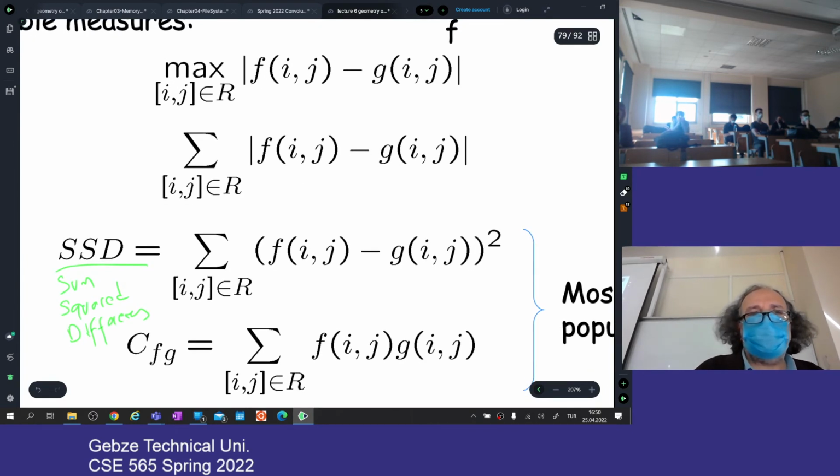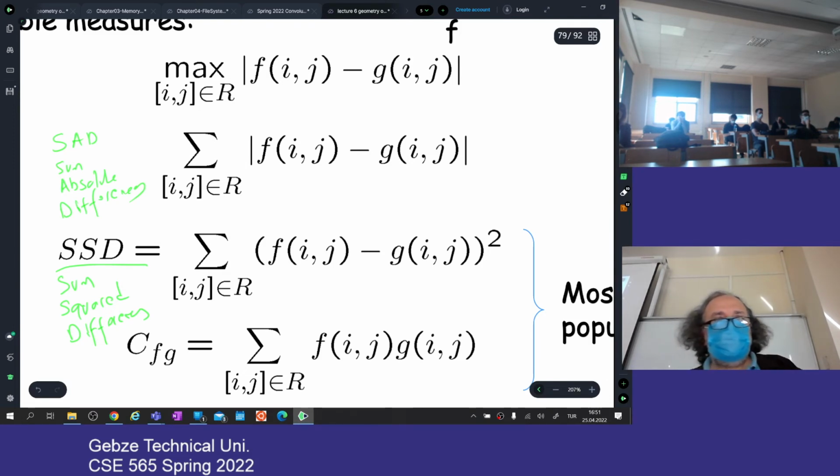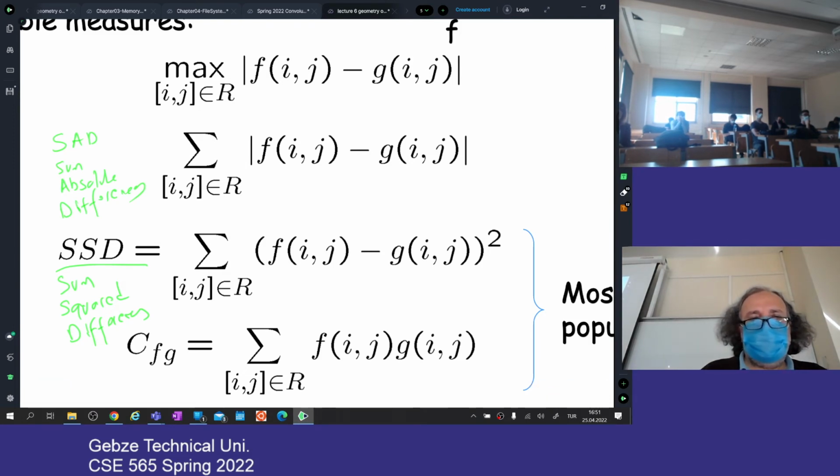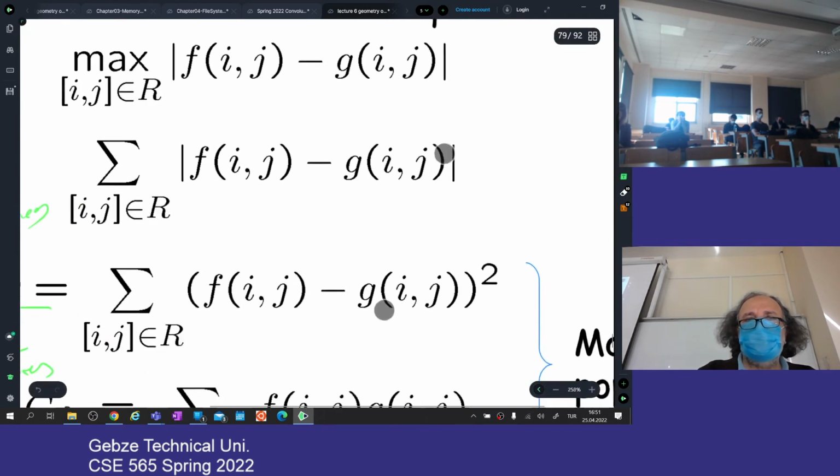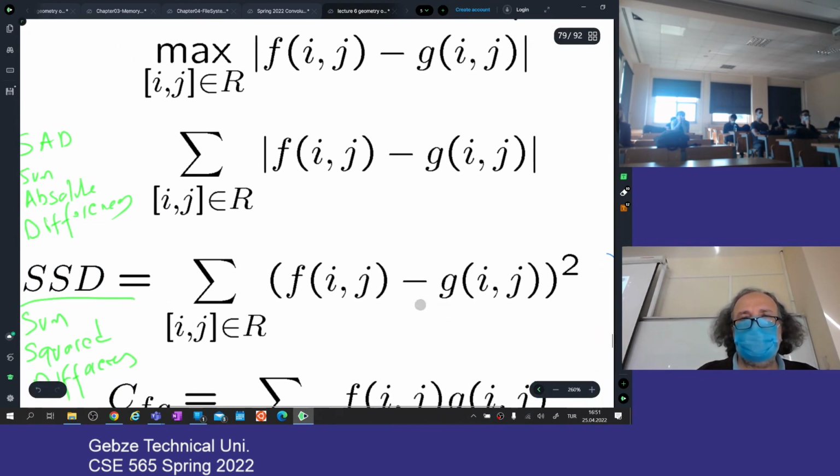This is sum of absolute differences, SAD. Okay, this is SAD, and which one do you think is better? This one or that one? Or is there any difference maybe? Are they the same thing?